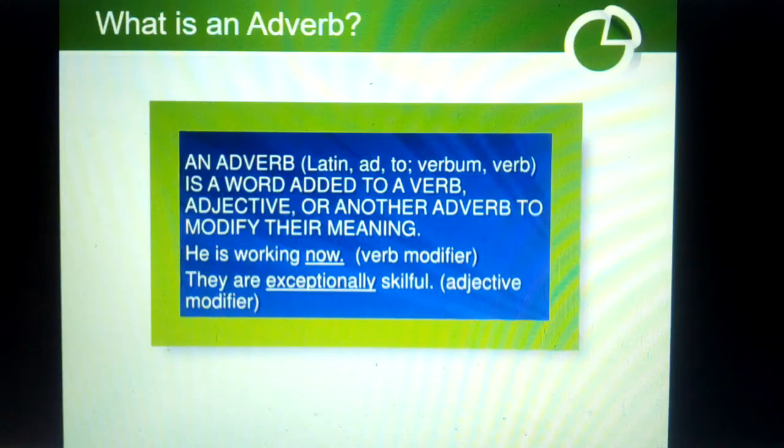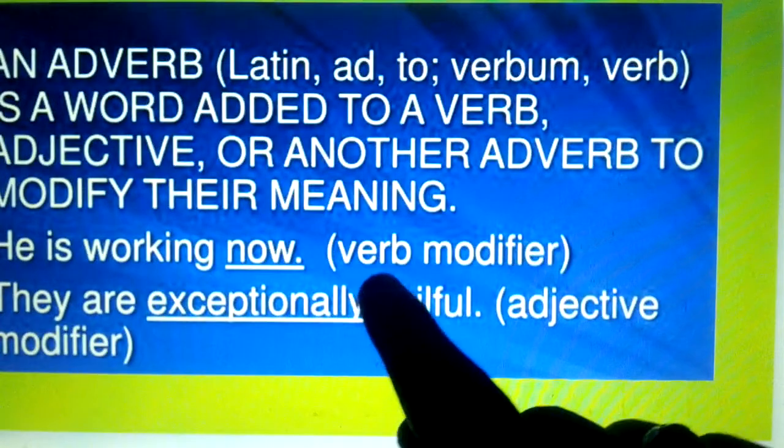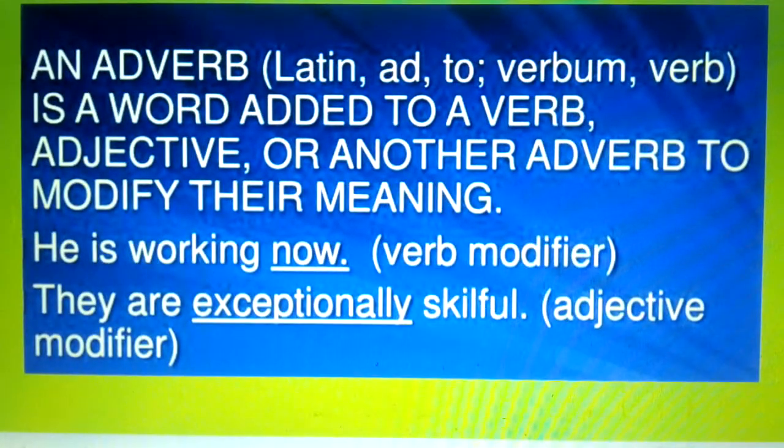What is an adverb? An adverb is a word added to a verb, adjective or another adverb to modify their meaning. For example, he is working now.